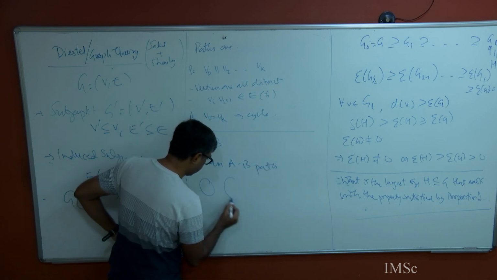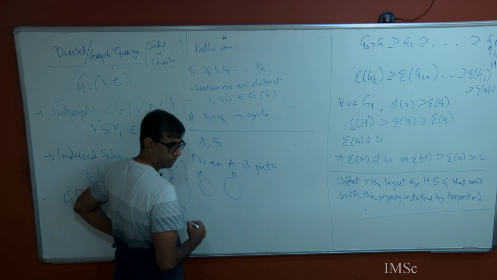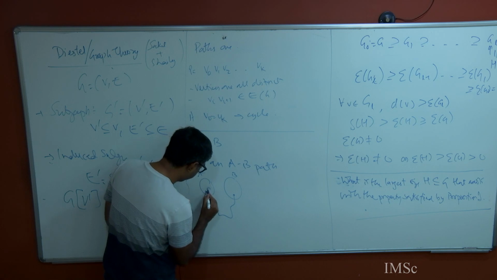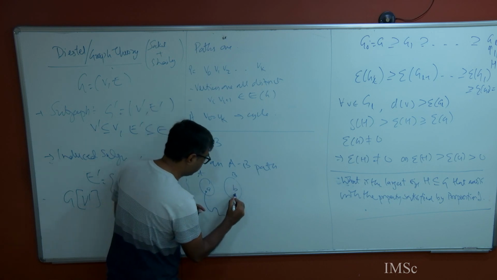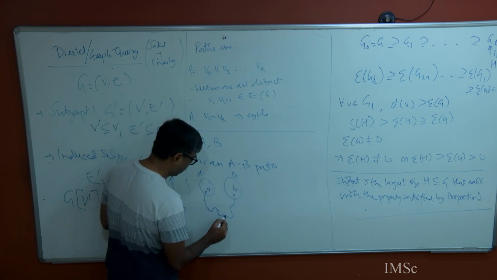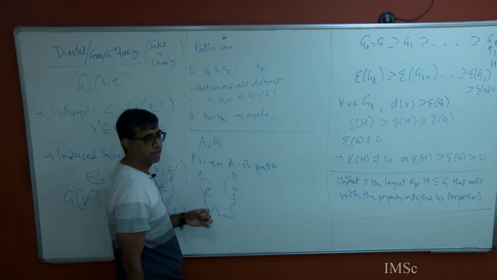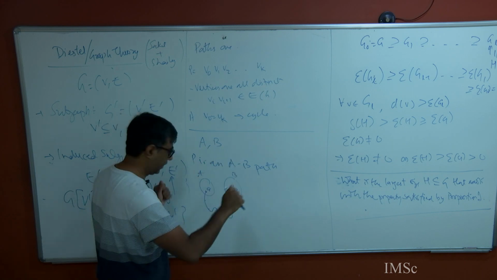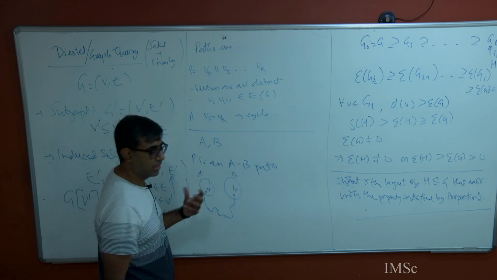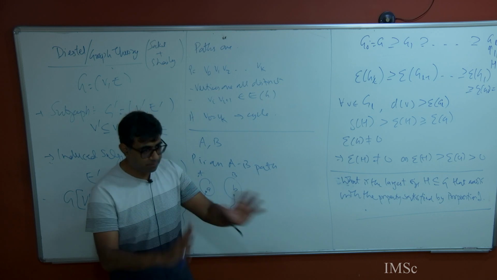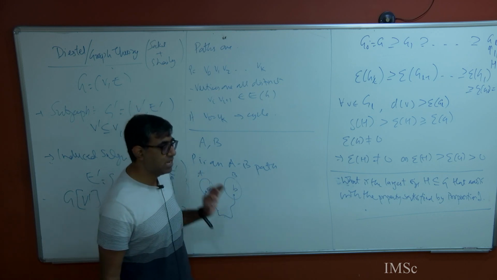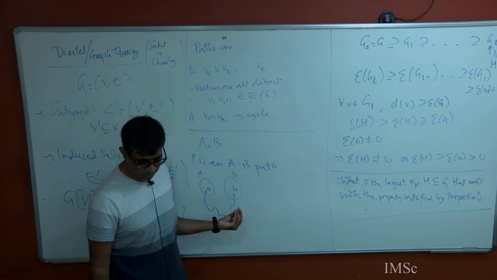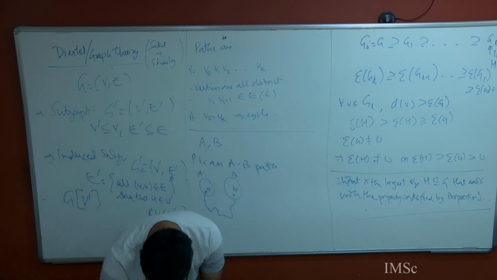There's a set of vertices A and B, and a path where the first vertex belongs to A and the last vertex belongs to B. Every other vertex should be outside A and B. It's a path that starts at a vertex in A and ends at a vertex in B, but in between it does not use any other vertices from either A or B. These are the objects called AB paths.